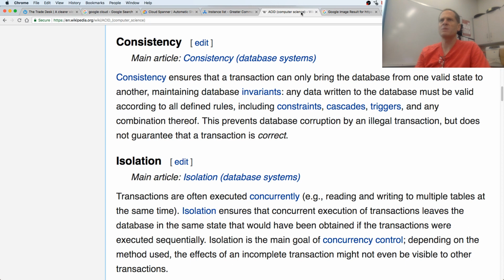Maintaining database invariance, any data written to the database must be valid according to all defined rules, including constraints, cascades, triggers, and any combination. This prevents database corruption by an illegal transaction, but does not guarantee that a transaction is correct.